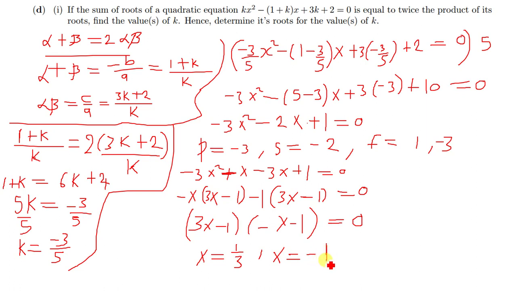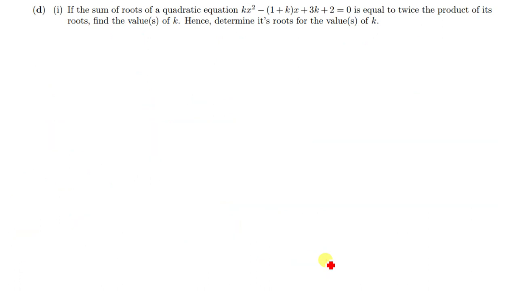Now here you need to test one thing. Oh, sorry. Anyway, I can remember, I've just accidentally erased everything. So the first value of x we found was 1 over 3. Then the second value of x that we found is, I think, negative 1.